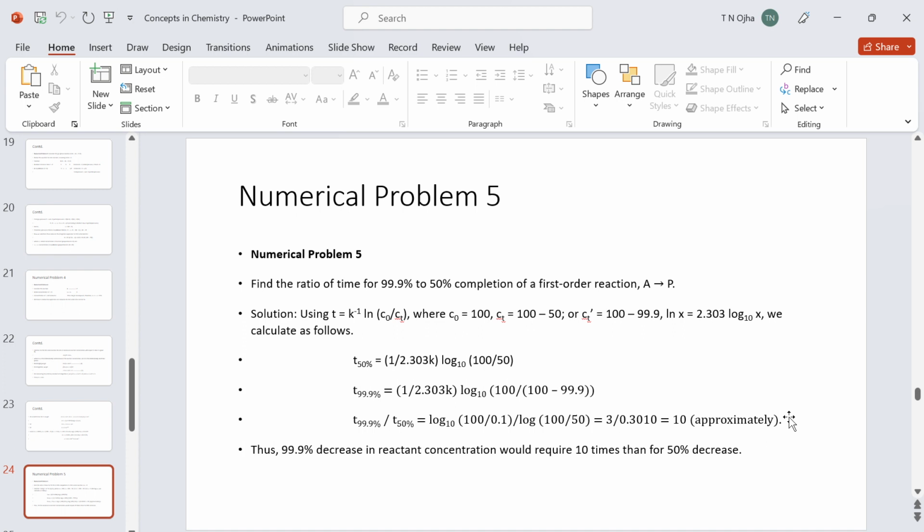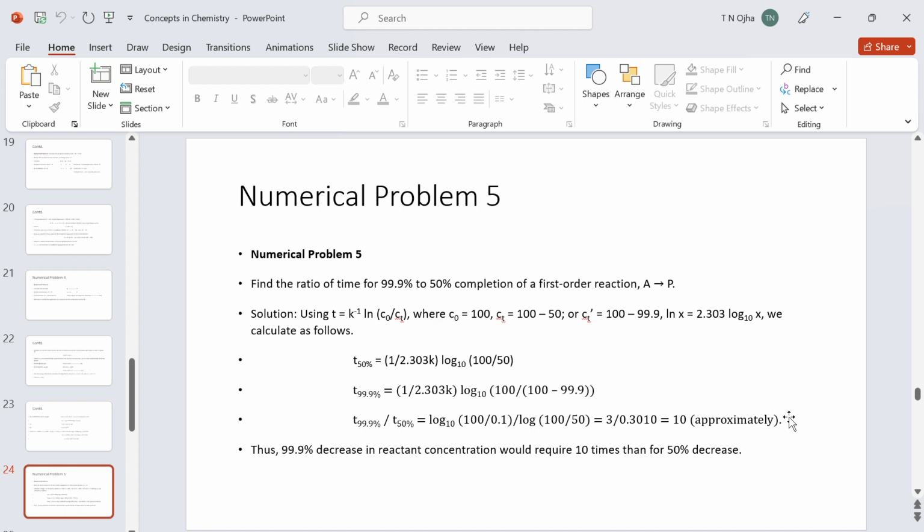Solution. Using the expression T equal to 1 over K ln C0 over Ct. Here C0 is 100, Ct is 50. In another case, Ct is 100 minus 99.9, that is equal to 0.1.